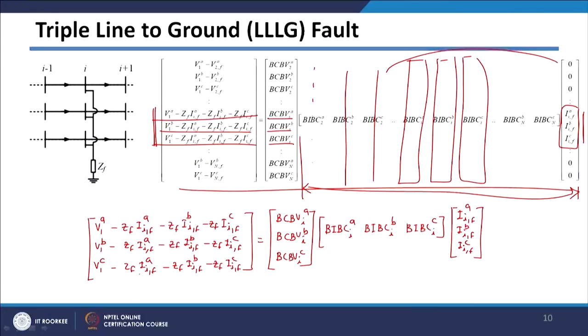Now we are interested in getting these values of fault current, so we can simplify it to get that.